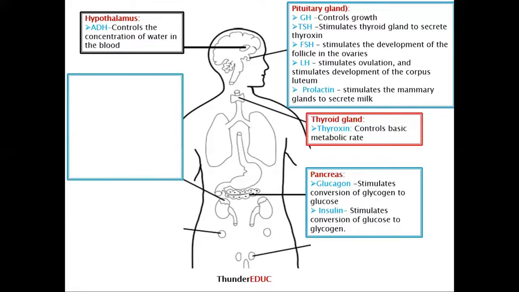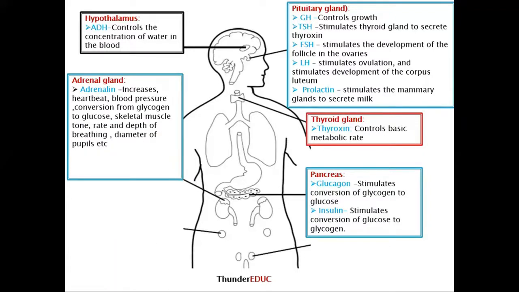Another one is the adrenal glands. Adrenal glands are very important in producing two hormones. The first one is adrenaline. Adrenaline is sometimes called the fright or fight hormone.